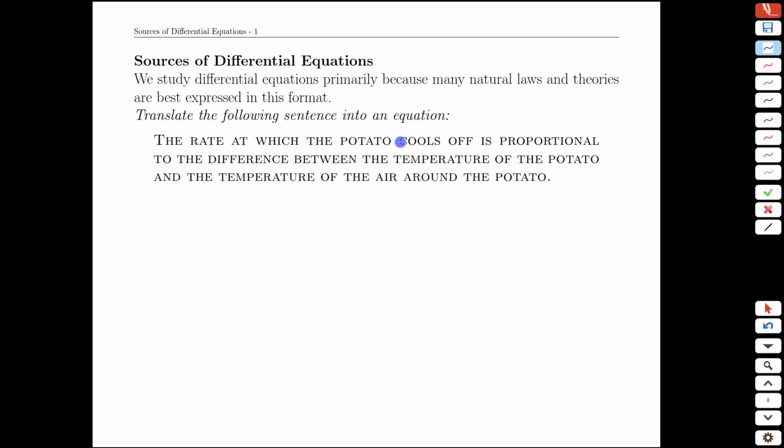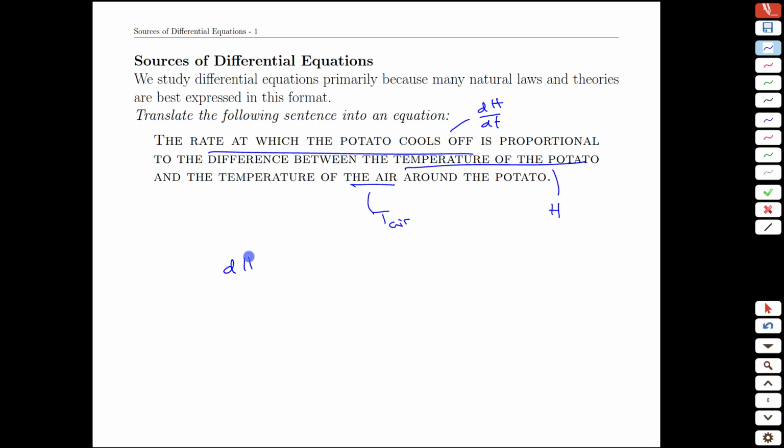If we give these terms some variable names, let's call the temperature of the potato H, just because T is a bit confusing with time. The temperature of the air we can give a capital T, for T air. We can read this off and identify the rate at which the potato cools off. That is exactly what a derivative means.